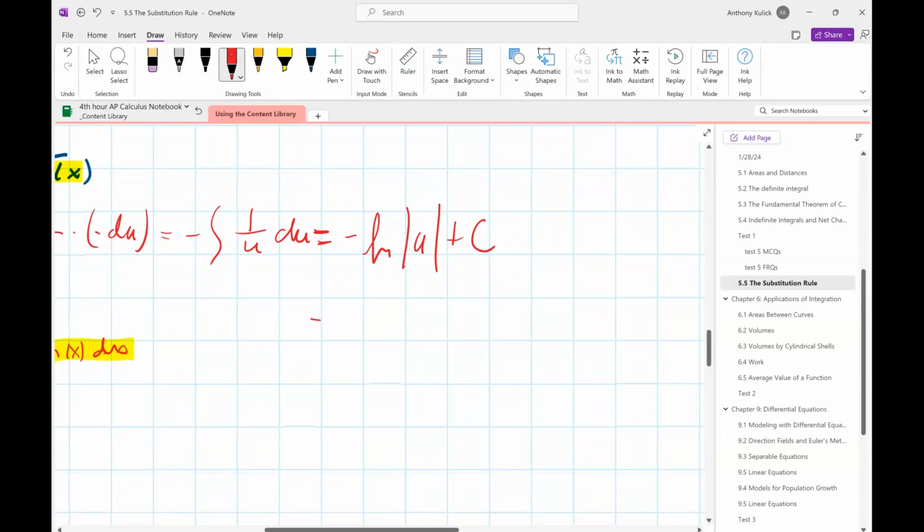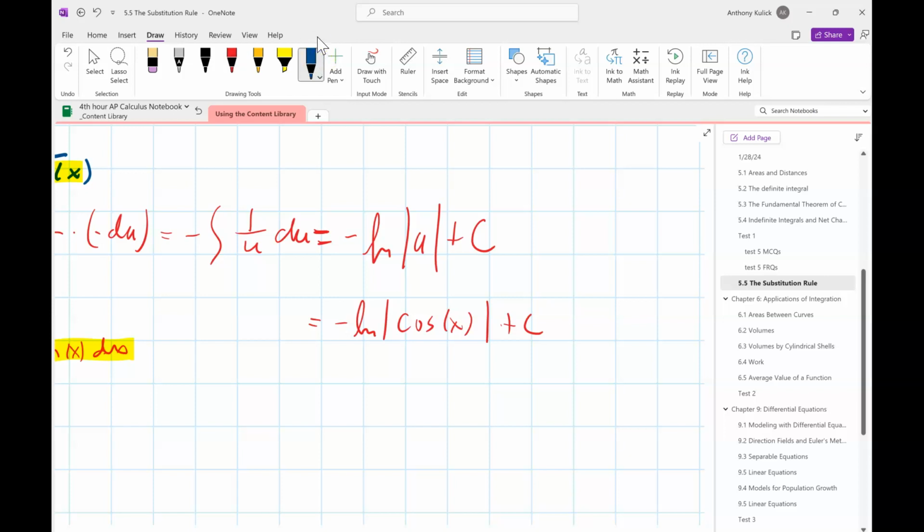So we'll plug back in, right? So our u was cosine. So this answer would be okay for me, but we can do a little better.